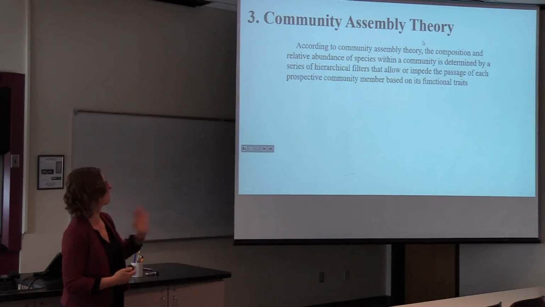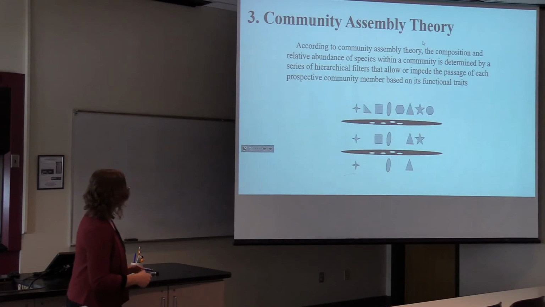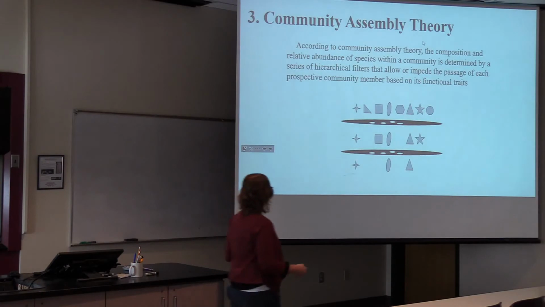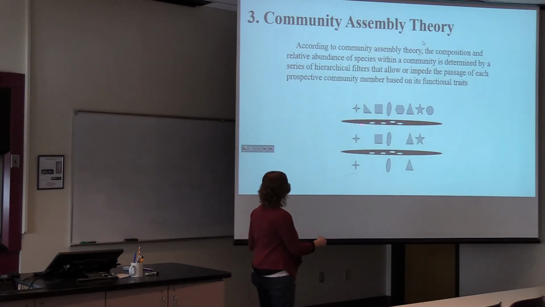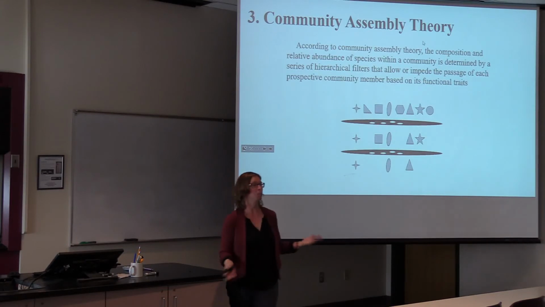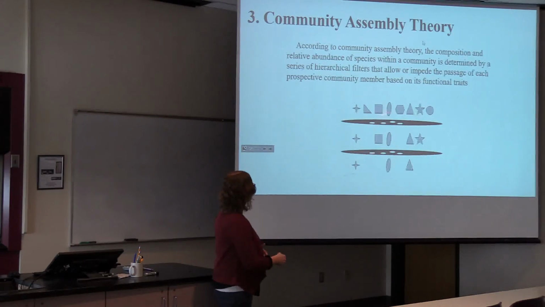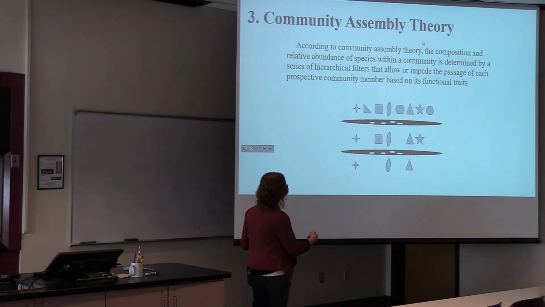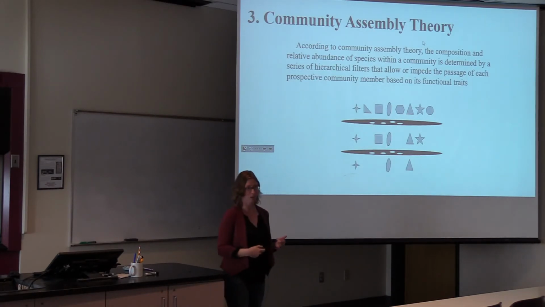I'm going to explain all of this. If we think of each of these shapes as a different species, not all of them can fit through this filter. So we can assume maybe this filter is dispersal, right? Maybe one of these seeds needs a certain organism for dispersal. If that organism is not there, that species cannot pass into this community.